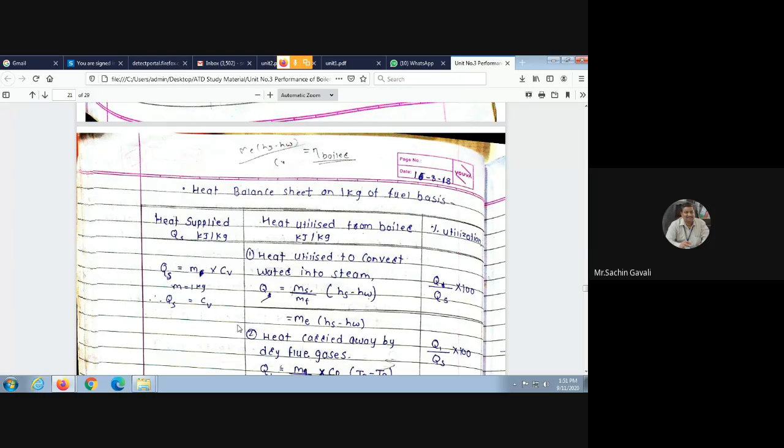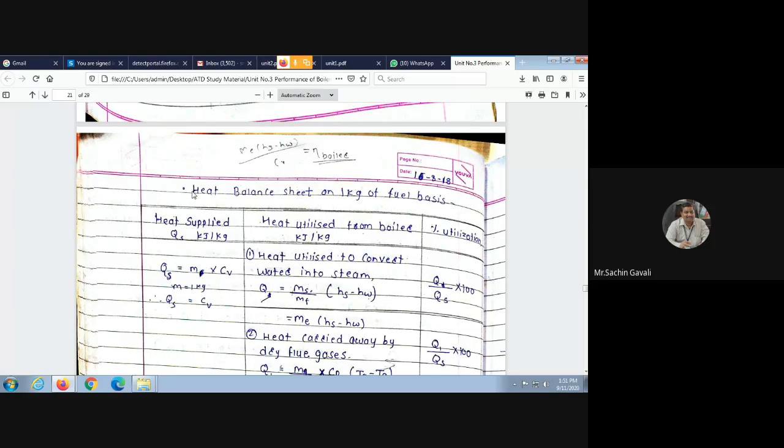So efficiency will be increased by minimizing the losses. Then this heat balance sheet we generally have to draw per kg of fuel basis.